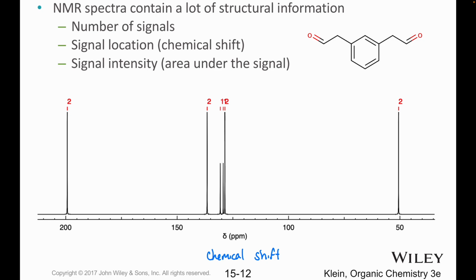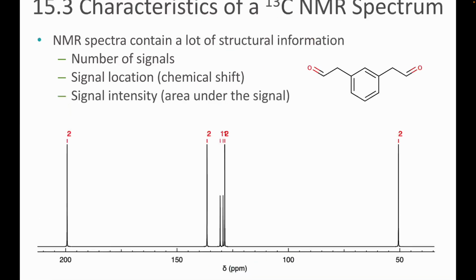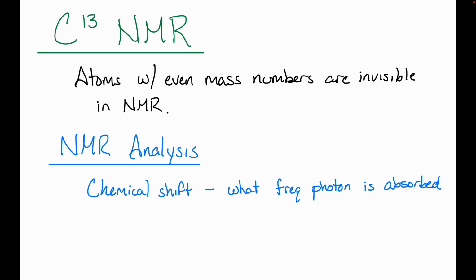Okay? The next thing is the intensity of these peaks. The height of these peaks also gives you information. In practice, what you do is you get your NMR spectrum and then you use a computer and it integrates those peaks. It calculates the area under those curves. So we call this the integration.